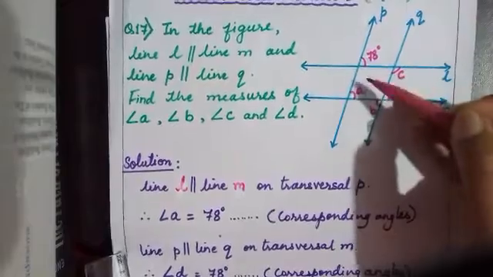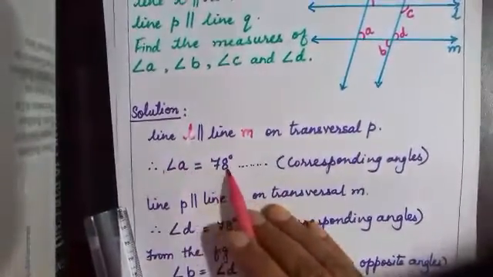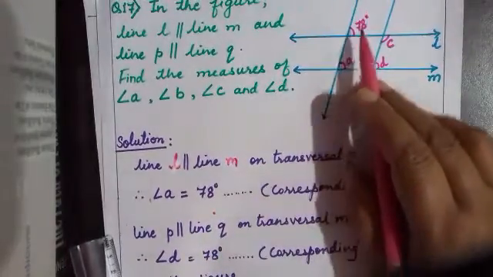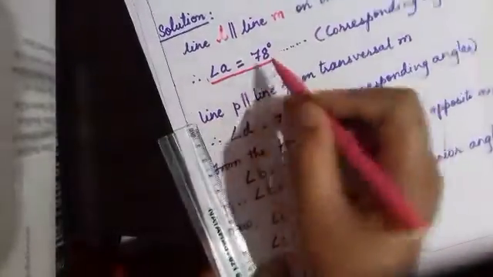Yes, both are corresponding angles. So therefore angle A is equal to 78 degrees. What is the reason? Corresponding angles. Now we got the measure of angle A.